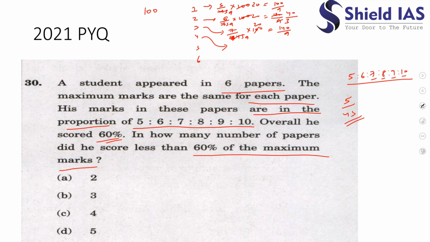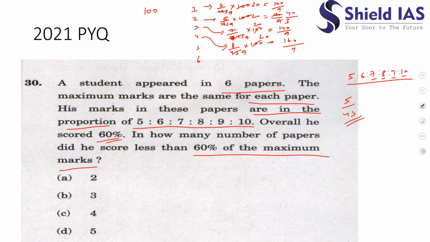In the fourth one, what is it? 8 by 45 into 100. So 5 9s are 45, 5 20s are 100. So 160 divided by 9.